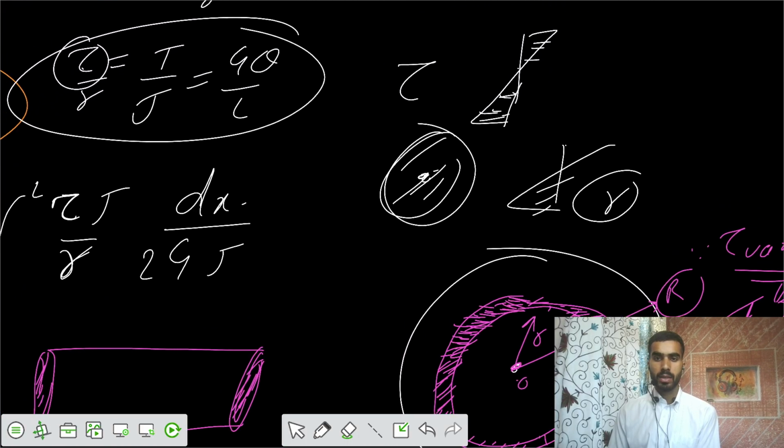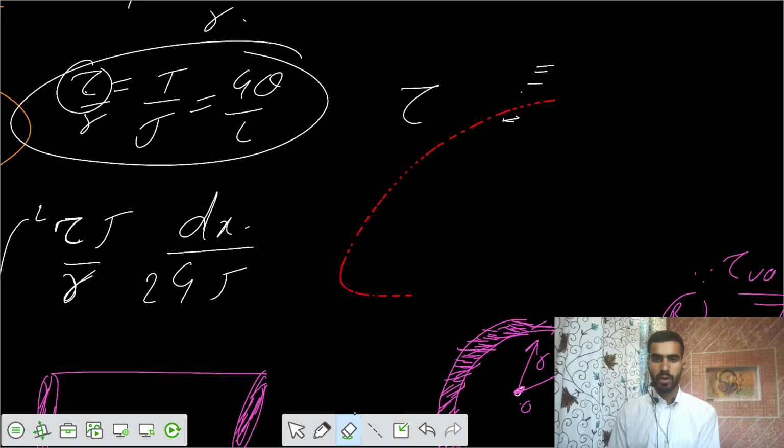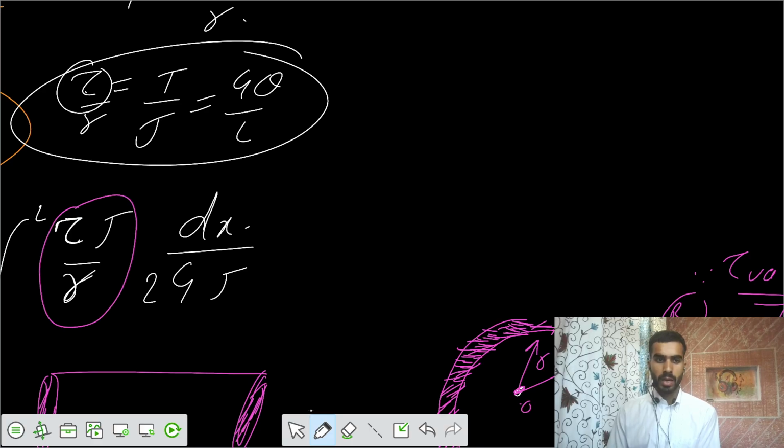One more thing, so you got this one. We got that part. Now we know the variation tau max by R equals tau by small r. So the value of tau here, if you want to keep it as a constant function, you have to keep it as the maximum value tau max.